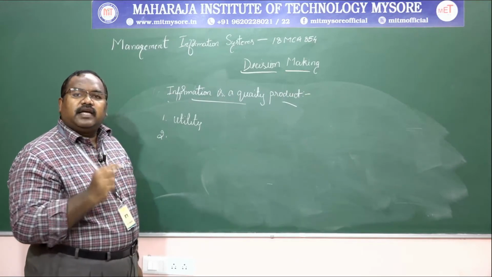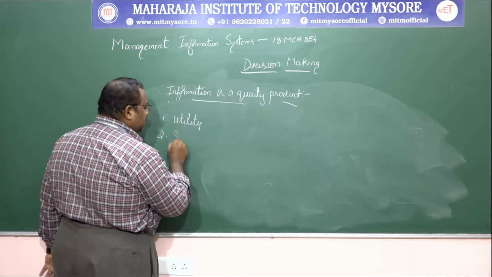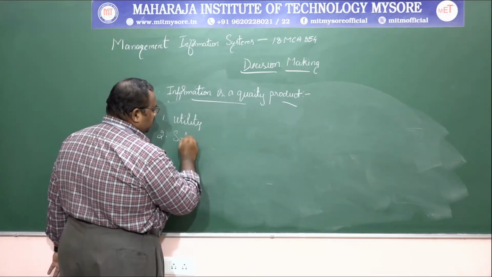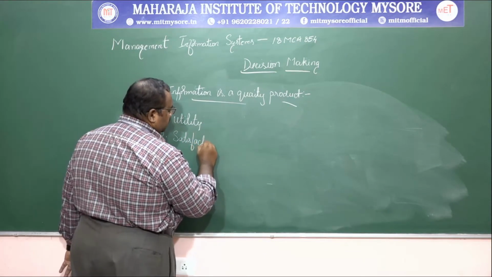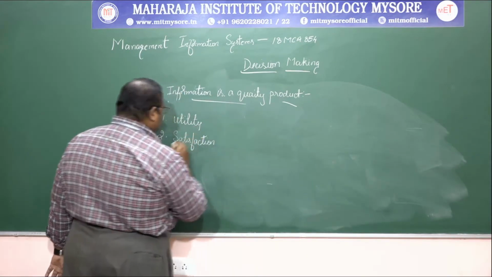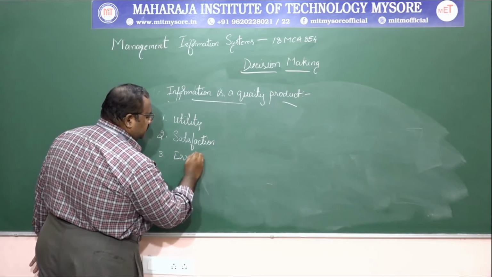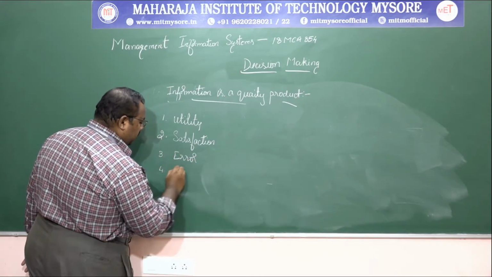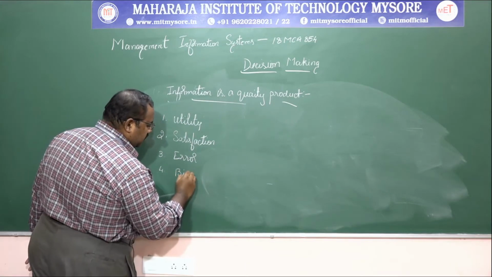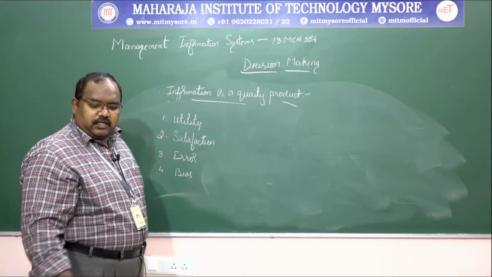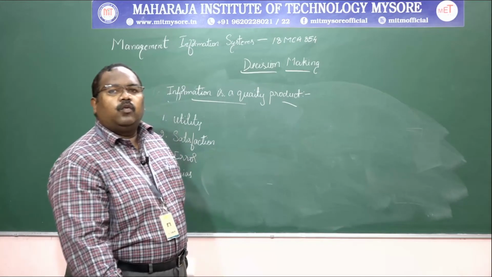Second one is the satisfaction. Third one is error. The fourth one is the bias. Now let us look into each component one by one.